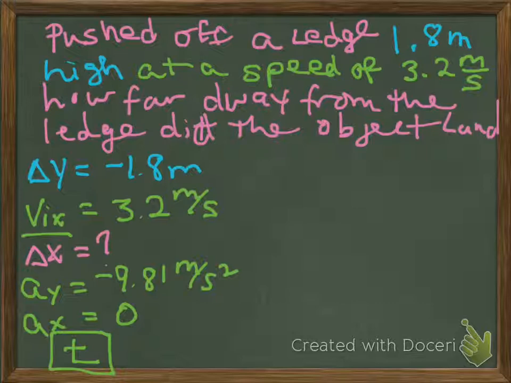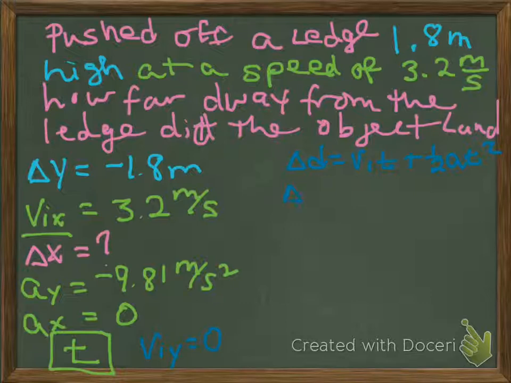So once again, we are going to start with the delta y equation. Remember, the general equation was delta d is equal to VIT plus 1/2 AT squared. In the y direction, I didn't write that down, but we also know that VIY is equal to 0 in this case.